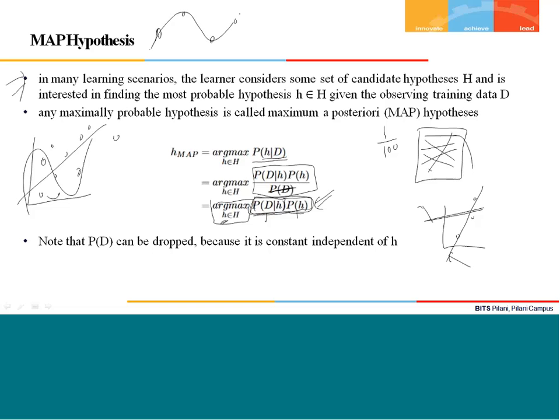If your capital H is only lines in the 2D plane, you can never find it, because this hypothesis is not contained in the set. A line is of the form W0 plus W1 x. To maximize the probability of having the true function, you increase the order. Now this is a quadratic.